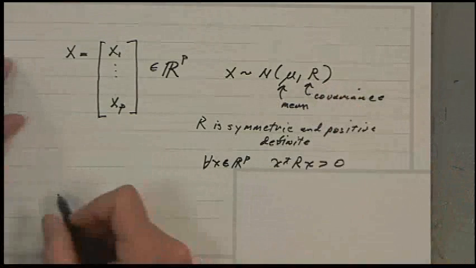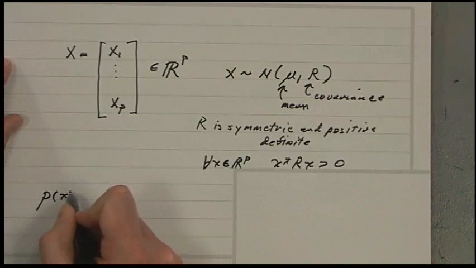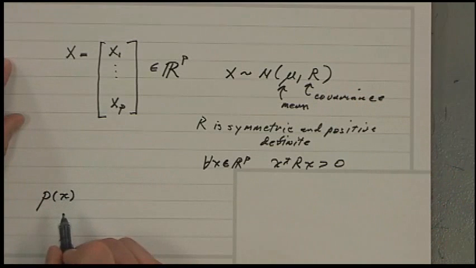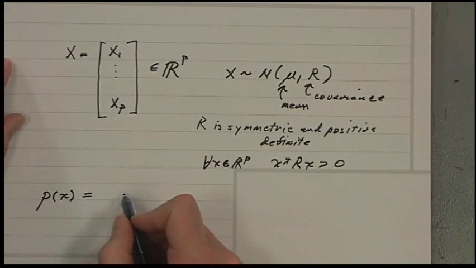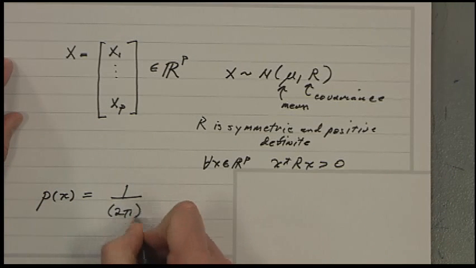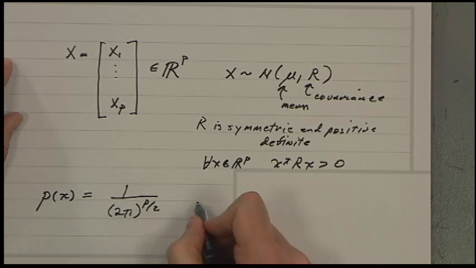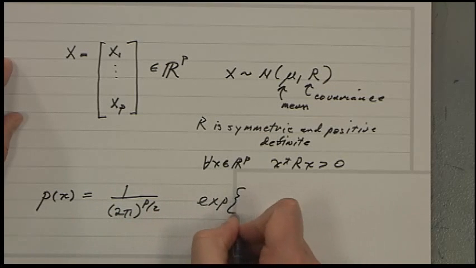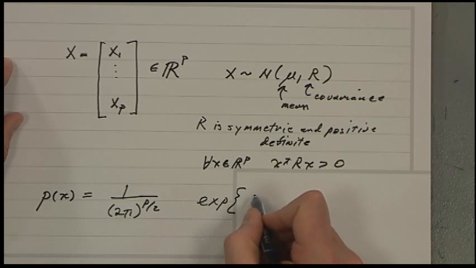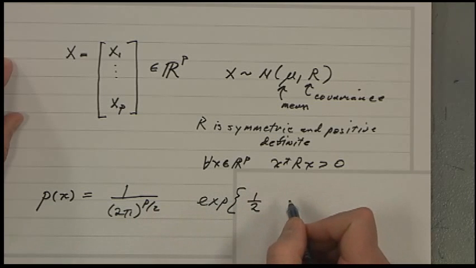And then the density function, p(x), if it's a multivariate Gaussian, is equal to 1 over (2 pi) to the P over 2, times the exponential of minus 1/2 (x minus mu) transpose R inverse (x minus mu). I see there's an error in my notes actually.